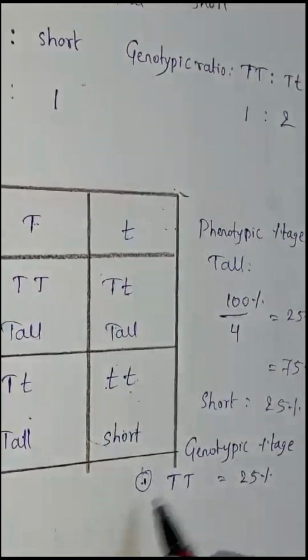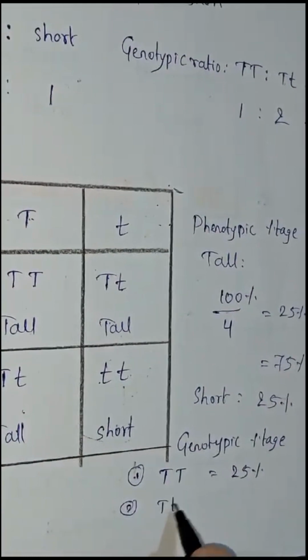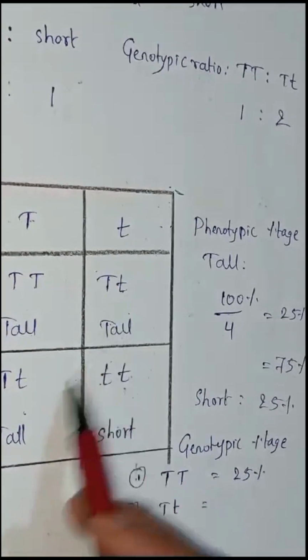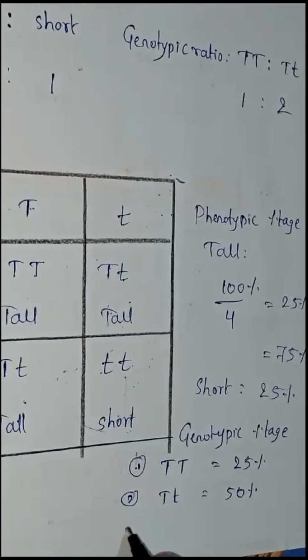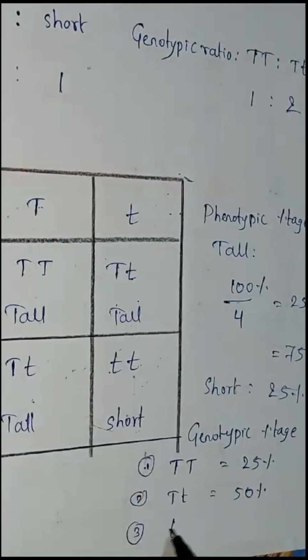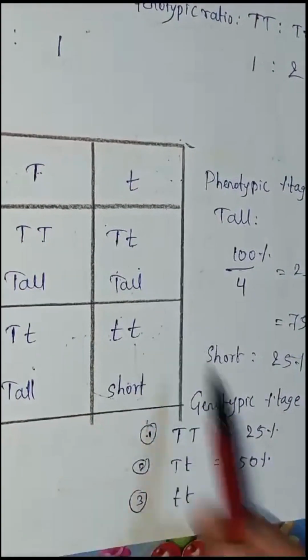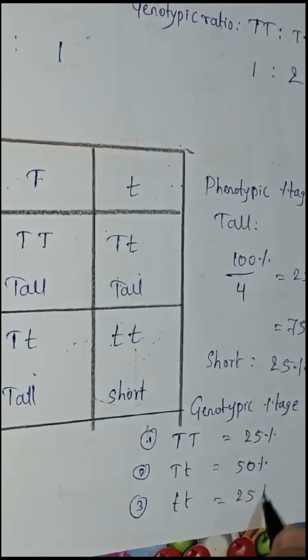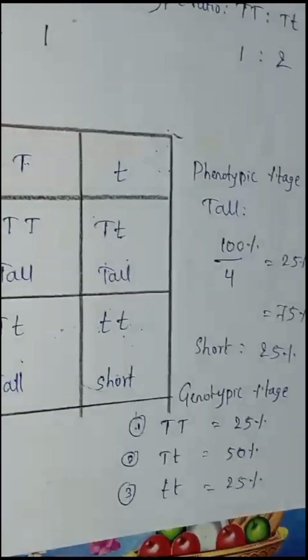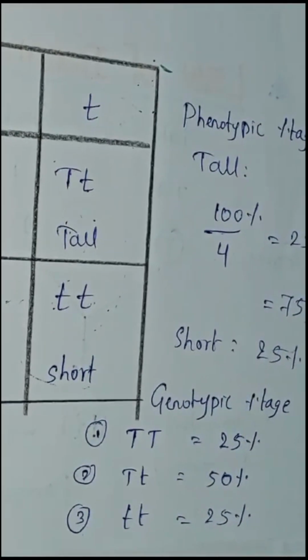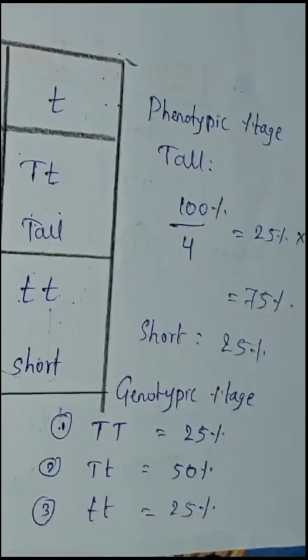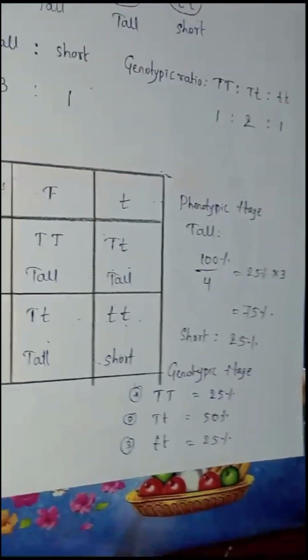Then capital T small t occupies 2 boxes, so 25 plus 25, 50%. And the third one, small t small t, occupies only 1 box, that is 25%. So the possible questions from this law are phenotypic ratio, genotypic ratio, phenotypic percentage and genotypic percentage.